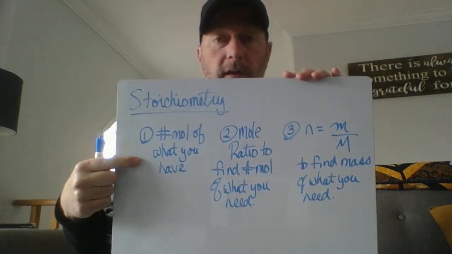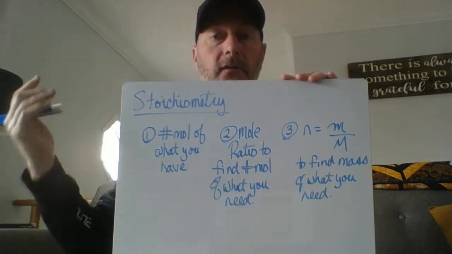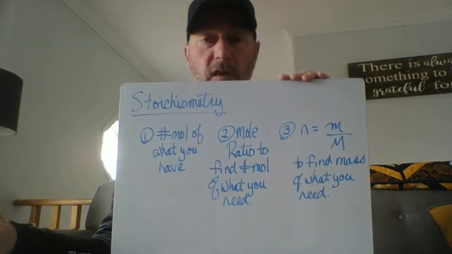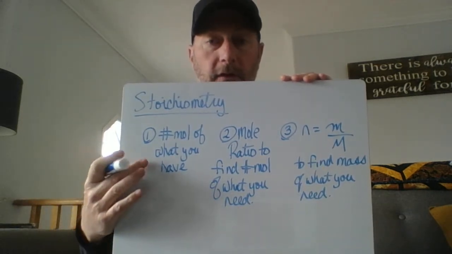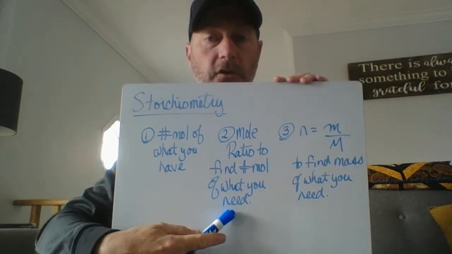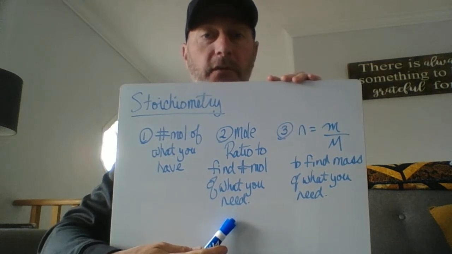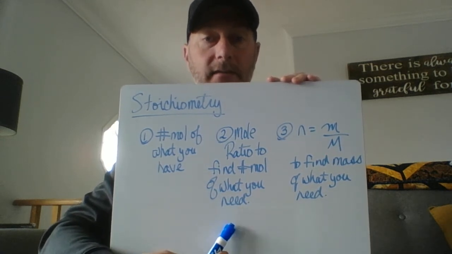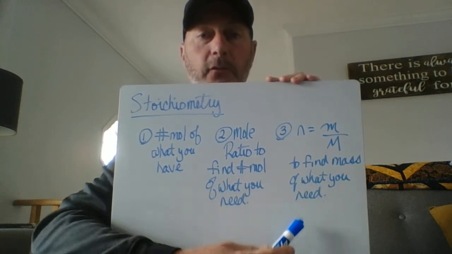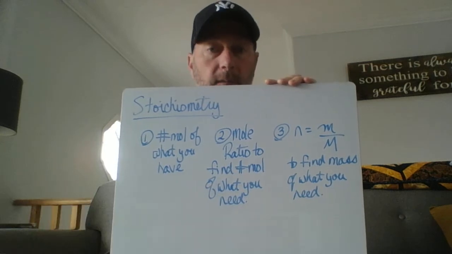So we use the molar mass of that substance to find the number of moles of the substance you have. It doesn't matter where it is in the chemical equation. Then use the mole ratio, which are the coefficients from the balanced chemical equation, to find the number of moles of what you need, and then use n equals m over M, mass over molar mass, to find the mass of the substance that you need.